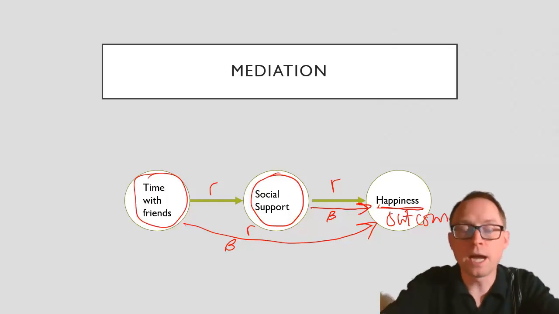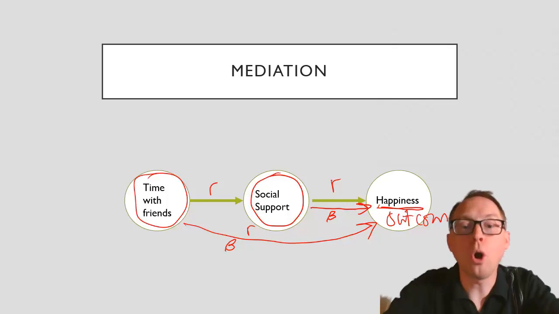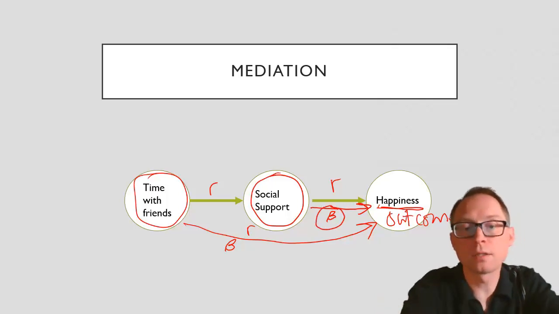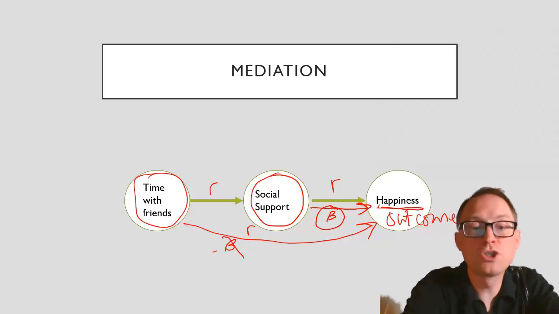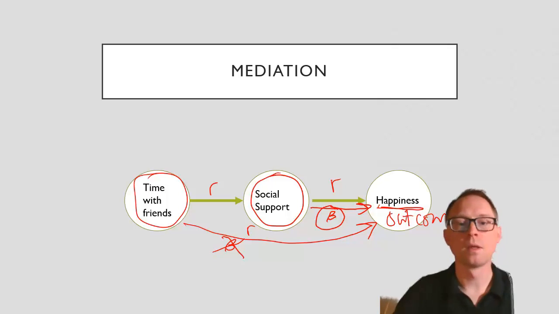If time with friends causes social support and social support causes happiness, which beta weights should be significant? Only this beta weight should be significant. This one we do not want to be significant. Now, why would that be?